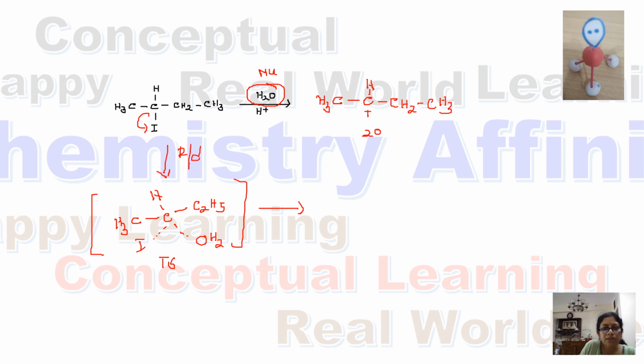Now the product is CH3, CH, oxygen positively charged, and then CH2, CH3.